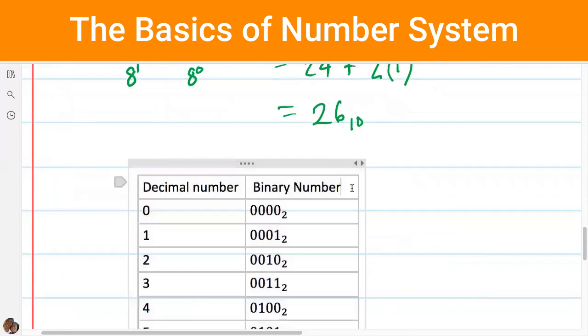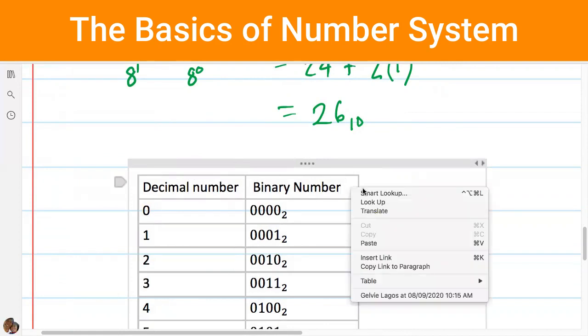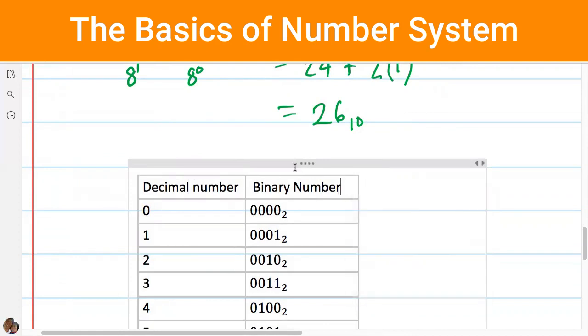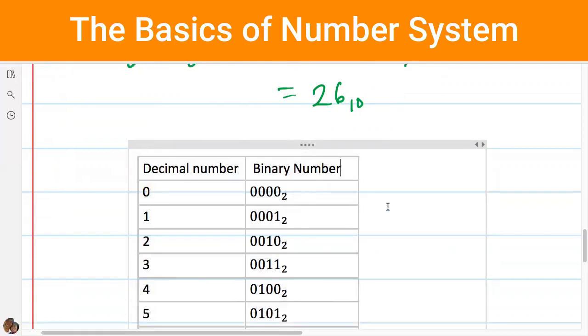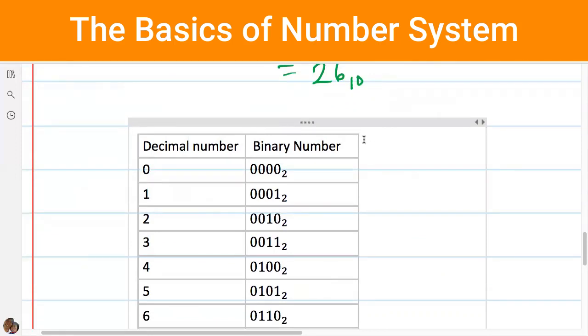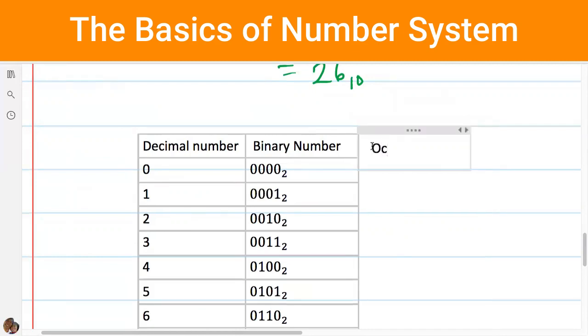So I will include here the octal system. I cannot add anymore. Anyway, let's just click here. So I have here my decimal number, binary number, and octal number system.